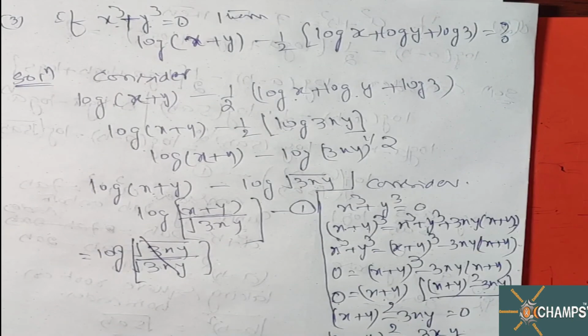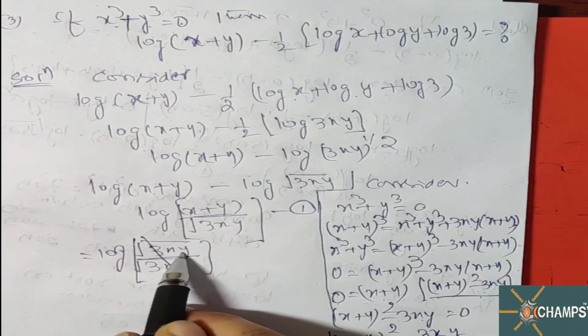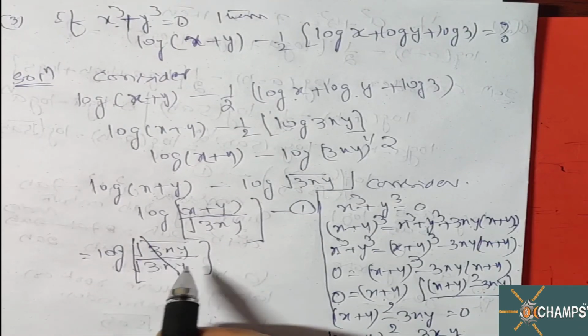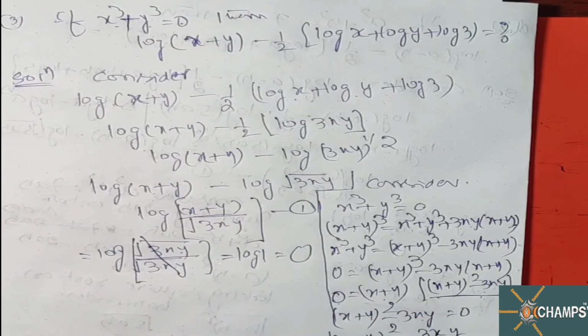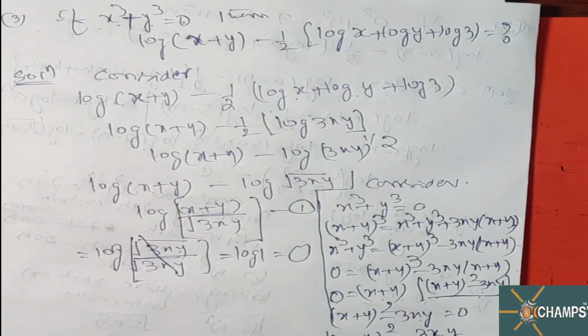Square root of 3xy divided by square root of 3xy cancel, leaving with 1. Log 1 of any base is equal to 0.